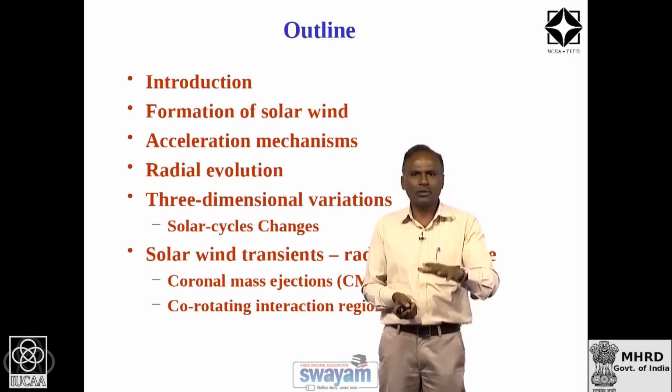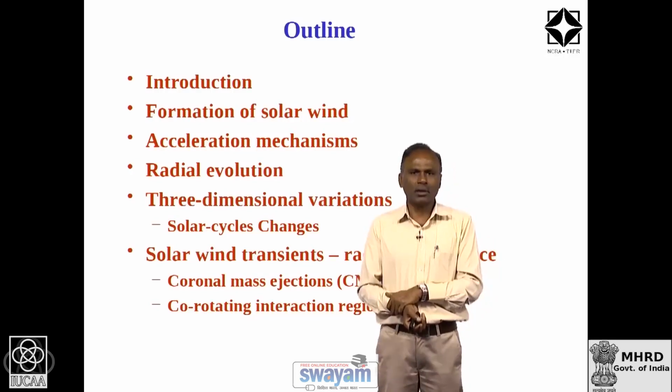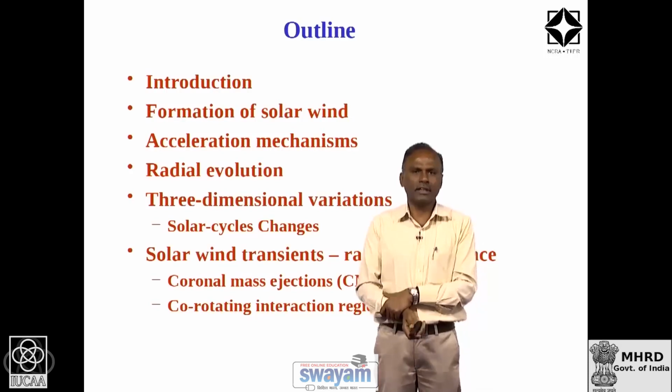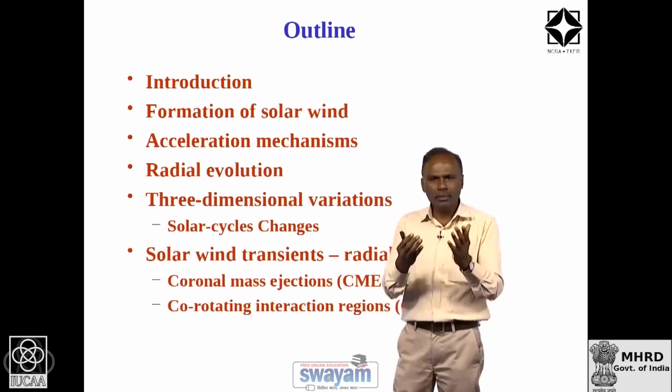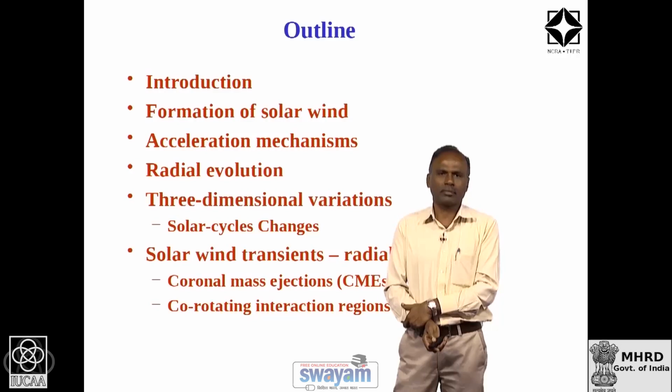So, I assume that you have some idea about the solar cycle and solar activity variation and things like that. And we will also see some part of transient solar wind.